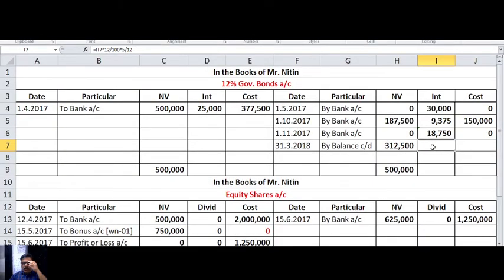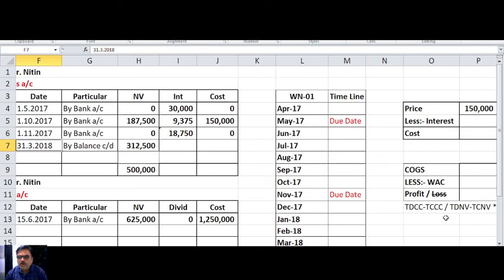So here, what is that interest that we are going to carry forward? That is nothing but outstanding interest that we have to carry forward from 31st March to the next due date.